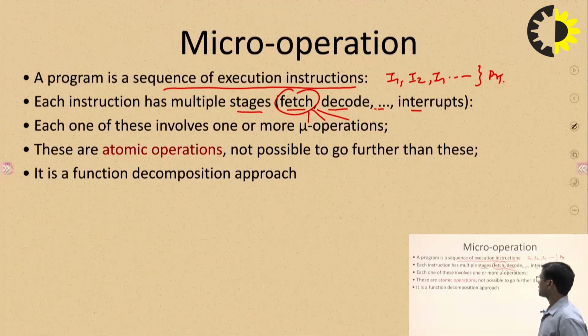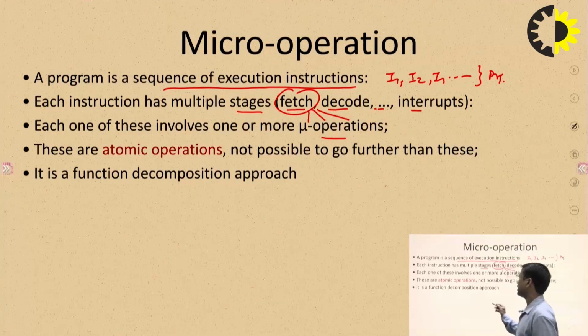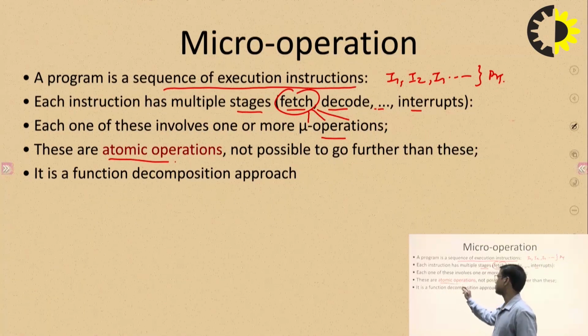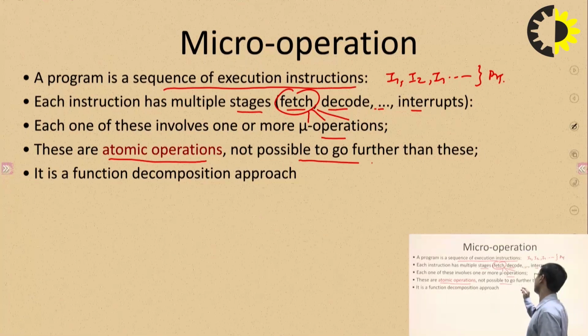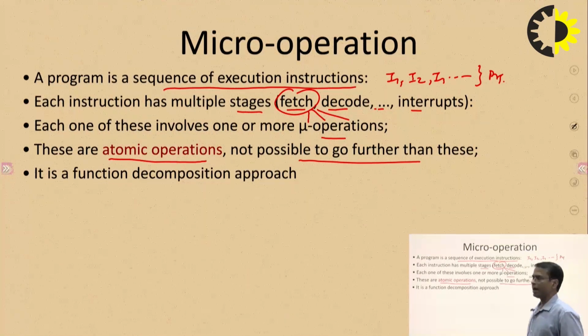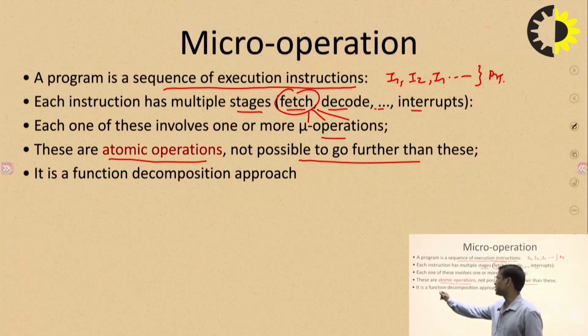So an instruction is executed by multiple microoperations, and it is a smallest or atomic operation that cannot be divided further. That's why this approach is called the function decomposition approach.